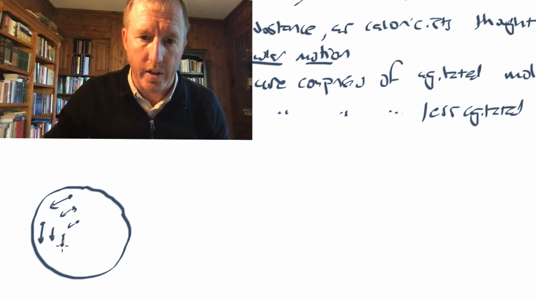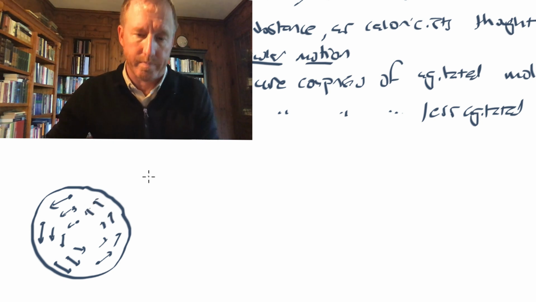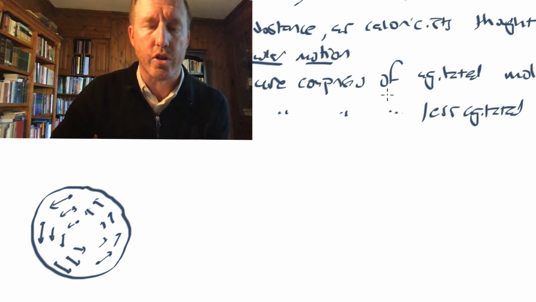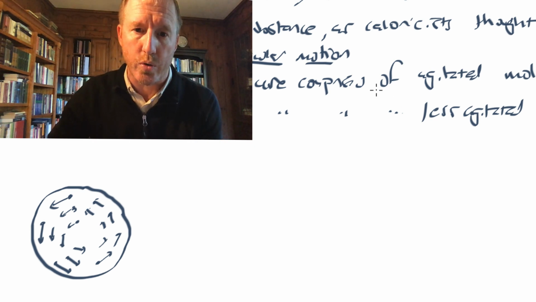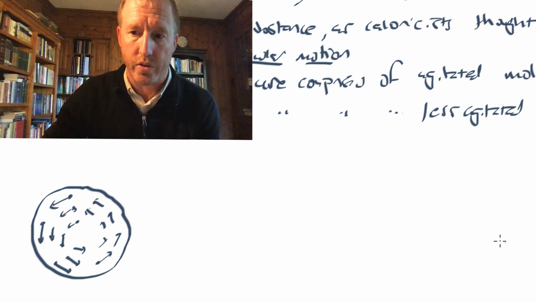So I'm drawing here a bunch of the atoms that comprise this wheel. So this would be kind of an orderly motion of these atoms that make up the wheel. You could even describe this in terms of the kinetic energy of those individual atoms. The kinetic energy is an ordered form of kinetic energy because all those atoms are moving in a very predictable fashion around in a circle.